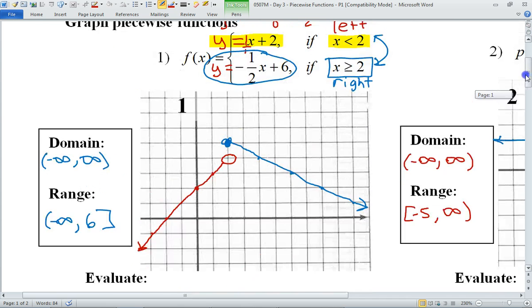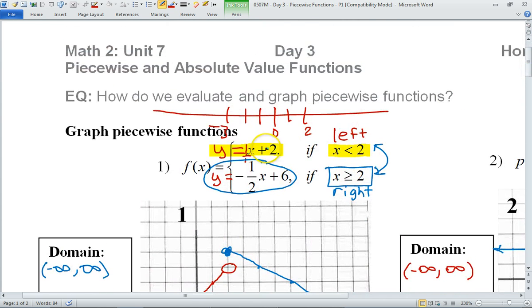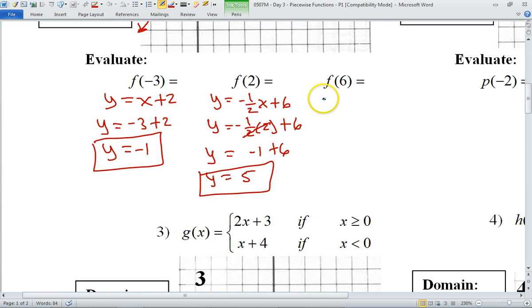Let's look at the last one. 6. Am I going to use the top function or the bottom function for 6? Bottom. Definitely the bottom function. 6 is greater than 2. So I will use the bottom function again. Okay, so I will use, once again, y equals -1/2 x plus 6. That makes y equals -1/2 times 6 plus 6.